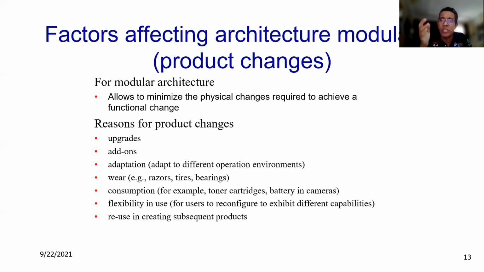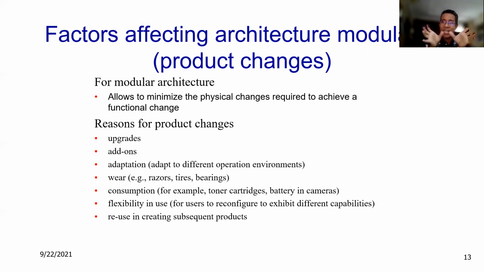The architecture also defines how the product can be changed. So modular chunks allow changes. In a modular design, changes can be made to a few isolated functional elements of the product without affecting the design of other chunks. So you can do a design change when you want.